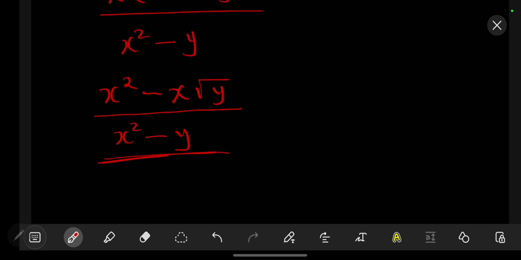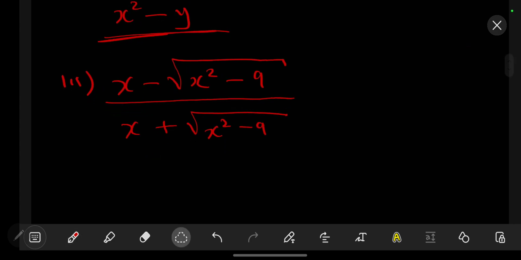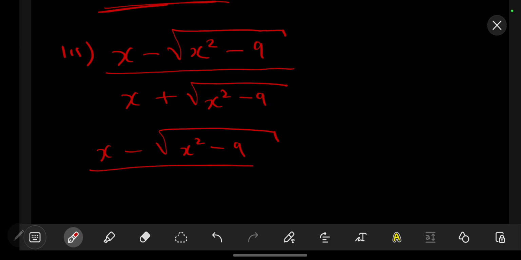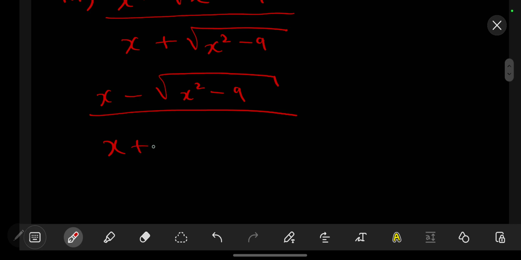Let's look at our next problem. We are still rationalizing the denominator. This is the same as having x minus the square root of x squared minus 9 over x plus the square root of x squared minus 9. So we are going to open the bracket and multiply by the conjugate of this number.